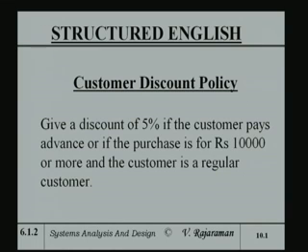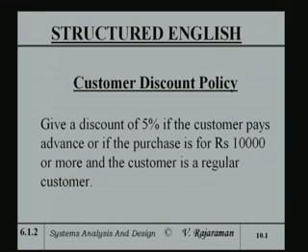So, the business rule says give a discount of 5% if the customer pays advance, or if the purchase is for 10,000 rupees or more and the customer is a regular customer.